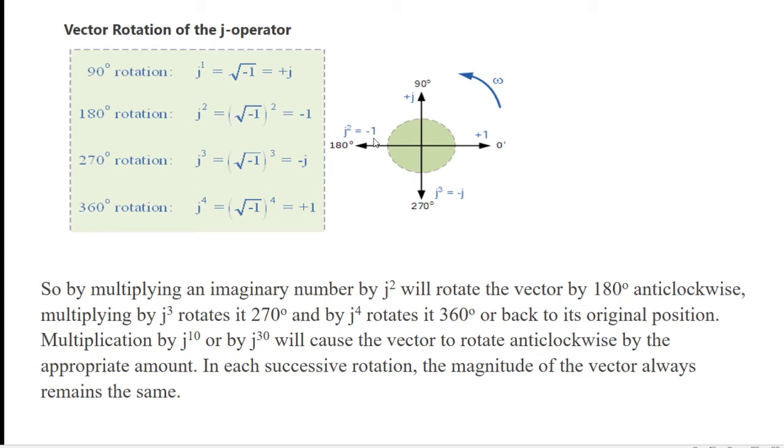Then multiply this vector by j, it rotates through an angle of 270 degree. If you again apply j on this vector, it comes to its initial value. In each successive rotation, the magnitude of the vector always remains the same.